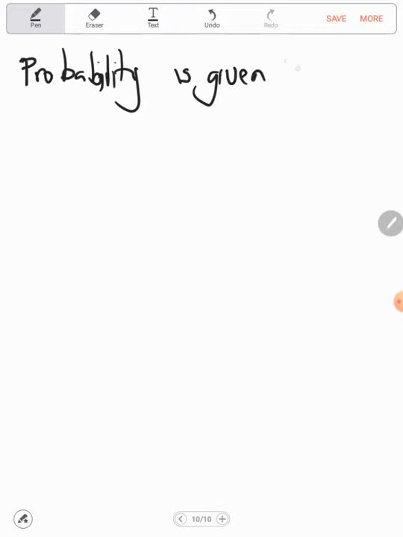So to find the probability, we said we have to integrate that formula. But remember, the probability for any continuous variable is just given by the area under the curve. Probability is given by the area.